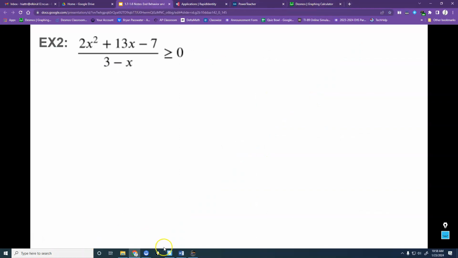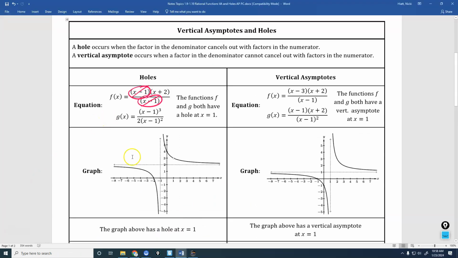Sometimes it will be given to you like he has shown in the graph here, where they're going to represent it just by a little open circle right there. It also can happen, like for example here, I've got x minus 1 to the third power and x minus 1 to the second power.